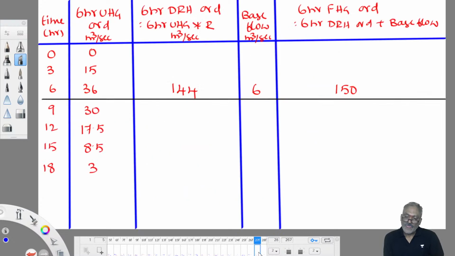Similarly, you have been asked to find the flood discharge in the river at the 15th hour time interval. It is this value. So if R is 4, the runoff we got is 4 centimeters. Then 8.5 into 4 is 34, and adding the base flow of 6, that is 40. So this is the stream discharge at the 15th hour time interval.